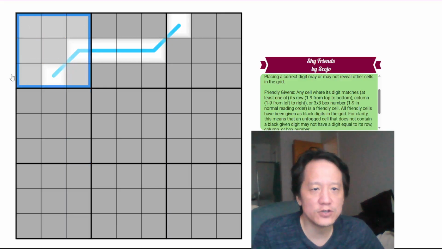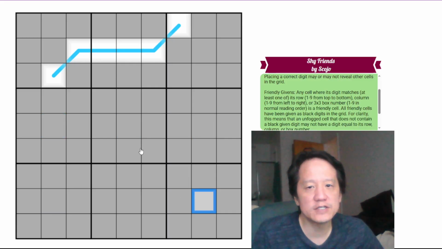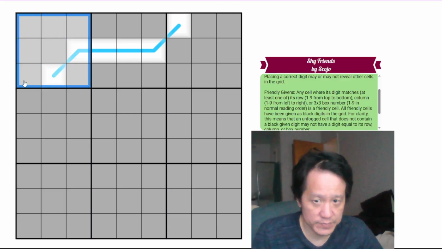So this is considered box 1 for normal Western reading order. This is 2, this is 3, this is 4, 5, 6, 7, 8, and 9. So in a cell where its digit matches at least one of its row, its column, or its box number, it is a friendly cell.